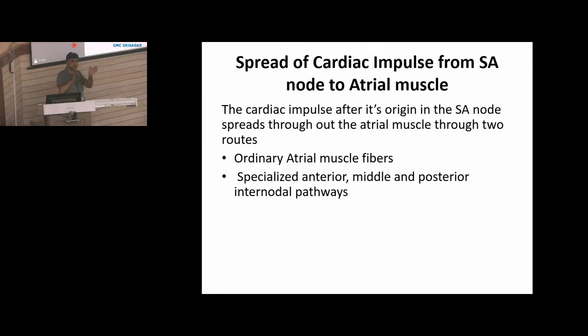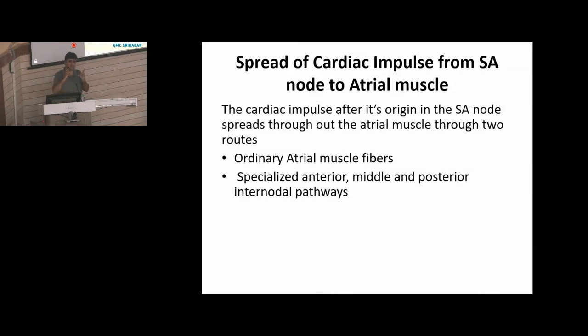As you see, there is no electrical barrier between right and left atrium. Although there is an interatrial septum inside, the impulse generated by the SA node gets conducted to the whole of the atria very quickly.